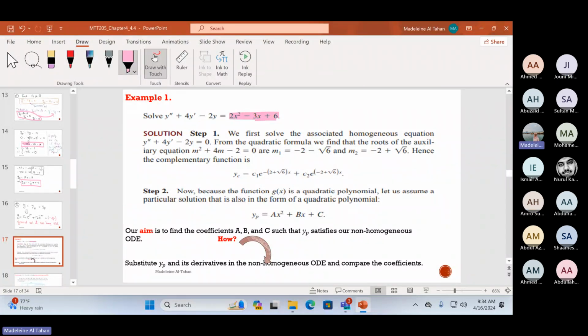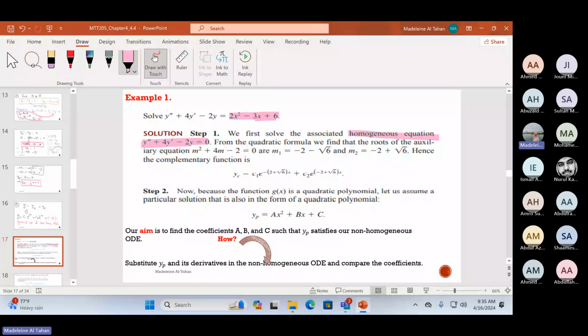What's the homogeneous equation? When we put it equal to 0, this is our homogeneous equation. How do we solve it? Using the auxiliary equation, right? The auxiliary equation of it is m squared minus 4m plus 4m minus 2.